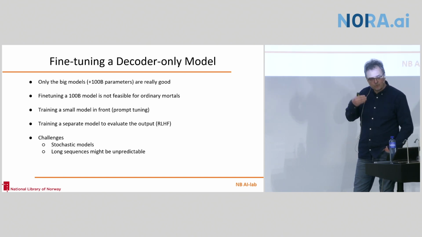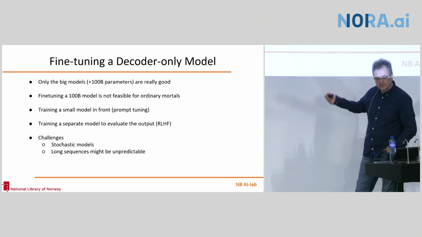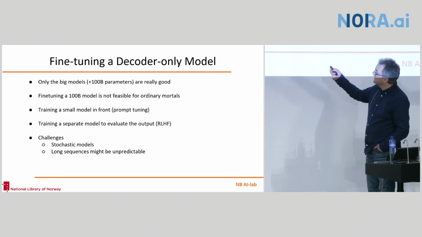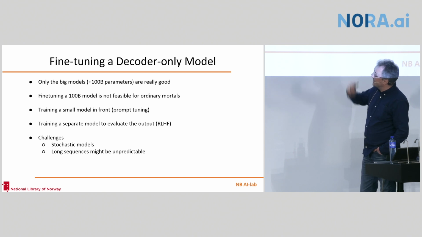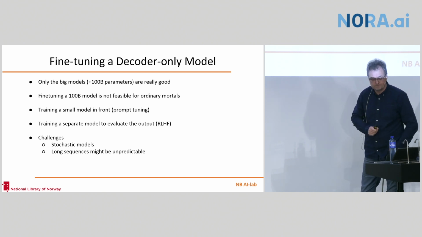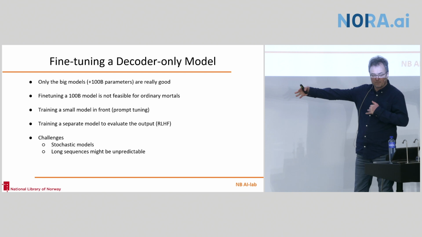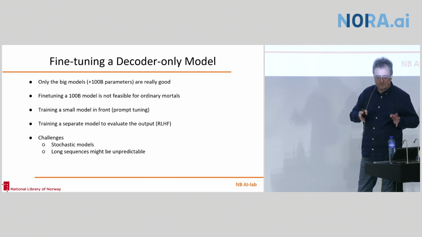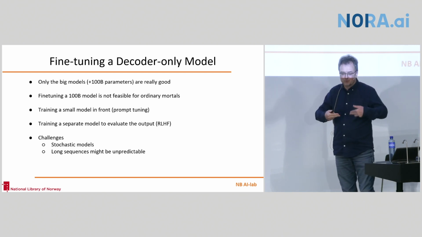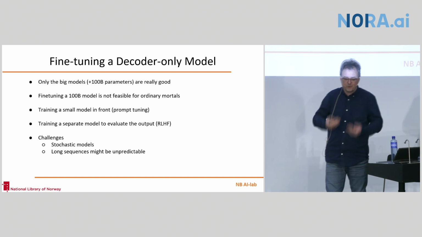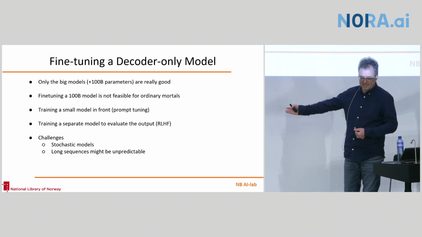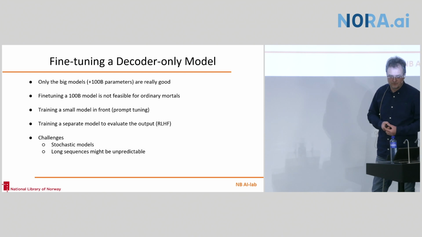So your approach for fine-tuning them would be to train a small model in front of it and leave the main model. Instead, you train a model to do good prompting, to improve the input to the model, to get the output that you need.